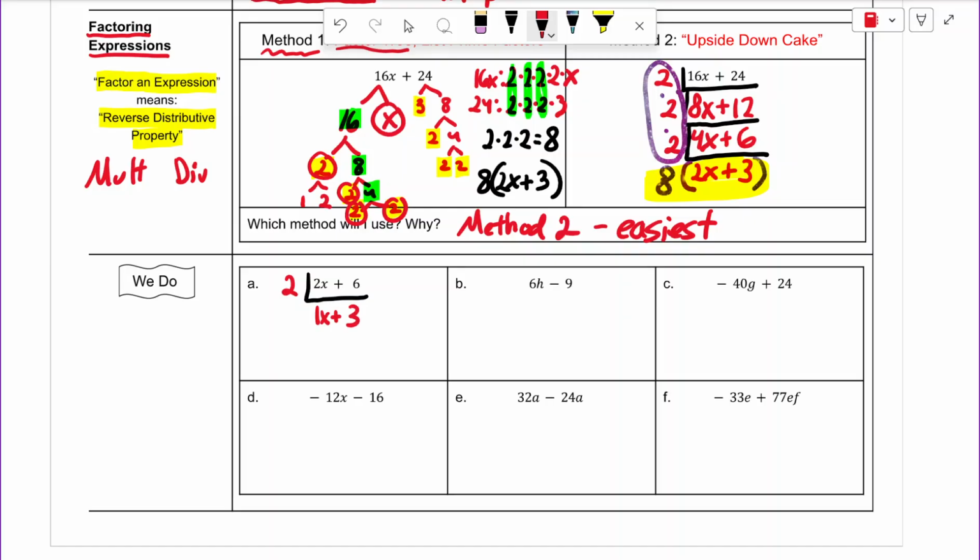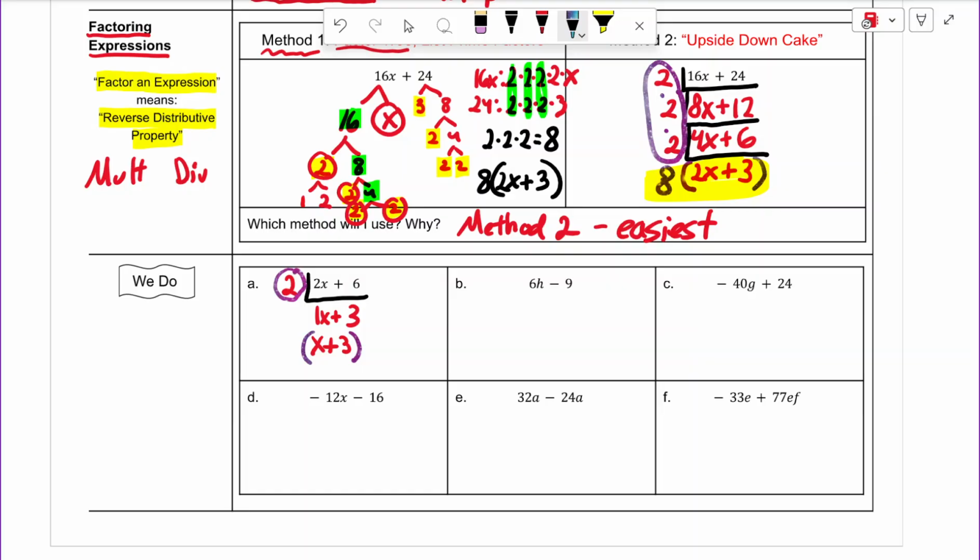Now, is there anything else we can take out of those? No. But do we need the 1 in front of the x? Well, 1 times x, or 1 times anything, is itself. So I'm going to rewrite this as x plus 3. I'm going to put parentheses around it because I'm done. And I'm going to find my GCF, which is right here.